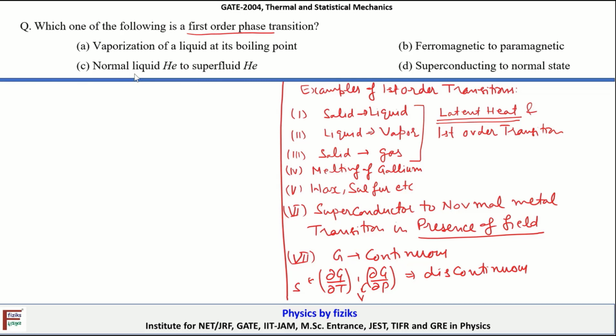I have discussed these mathematical points in detail in the GATE 2003 example, so you can follow that video also. Here I am only mentioning the examples for first and second order transitions. Okay, so now let's talk about the examples of second order phase transitions.